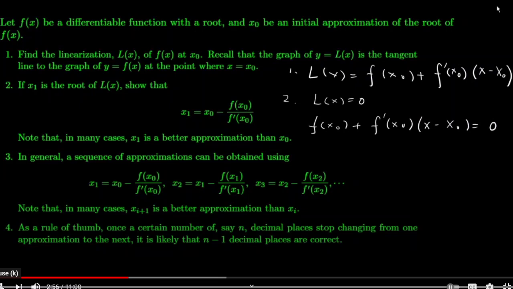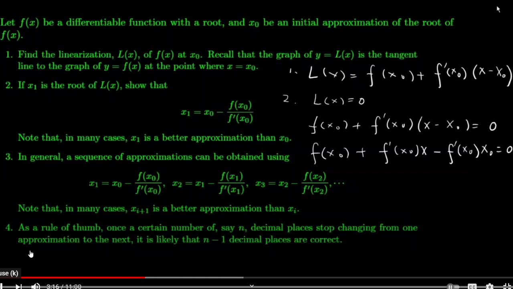The equation is equivalent to, when you multiply out, that is, you distribute the derivative of the function at x0 into these two terms, f of x0 plus the derivative at x0 times x minus the derivative at x0 times x0 equals 0. And then we are going to solve the equation for x. That will give you the x-intercept.